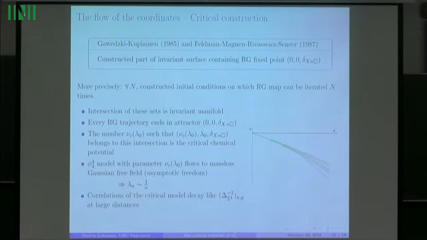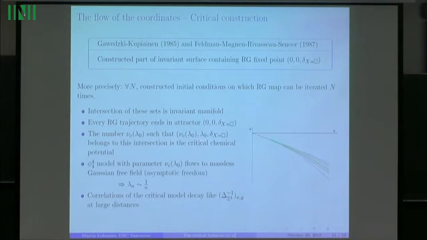Given some lambda 0, and you start at 0 for the activities, the value that puts you on the critical surface is exactly the critical chemical potential in the original model. So the original phi-4 model, I promised you, has a critical temperature, a critical nu, and that is exactly this one that they construct.